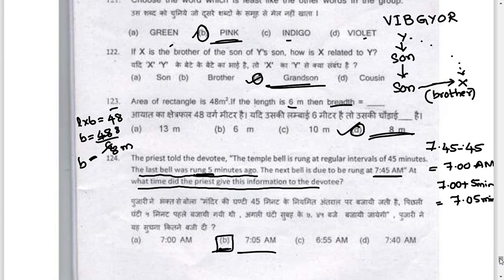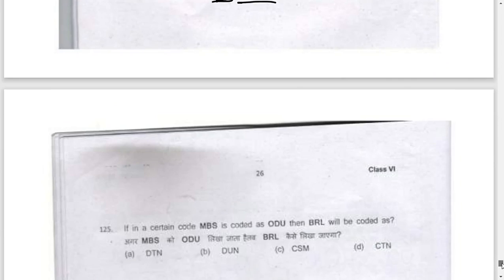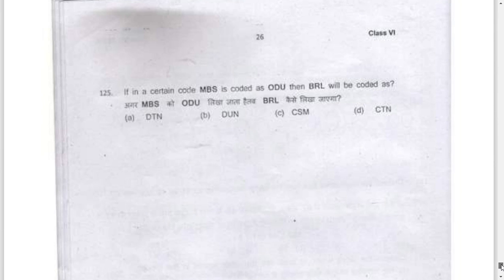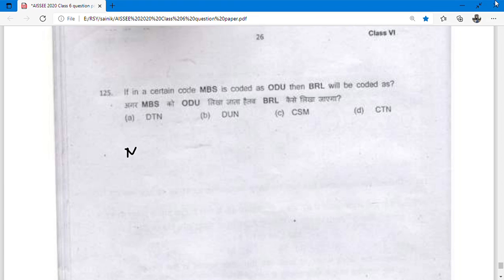Now, last question in the intelligence test, that is 125. If in a certain code MBS is coded as ODU, then BRL will be coded as what? So they are giving MBS.